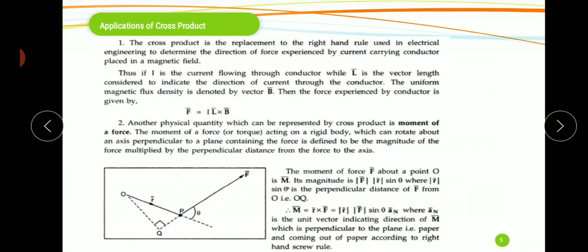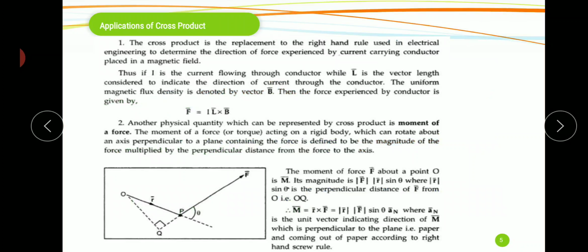In the right hand rule we use three fingers, and one finger represents the direction of the force, another the direction of the magnetic field, and another the direction of the current. The same result we get with the right hand rule can also be obtained by using the cross product.